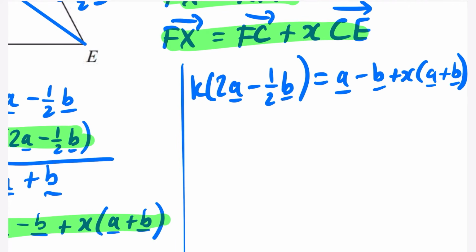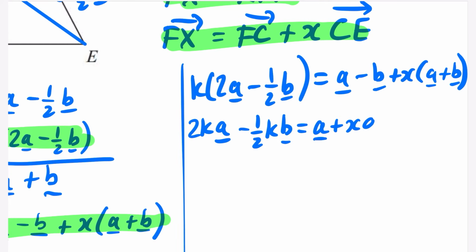Okay, expanding the brackets, I get 2ka on this side minus a half kb equals, let's do the a parts together, a plus xa, and then minus b plus xb.